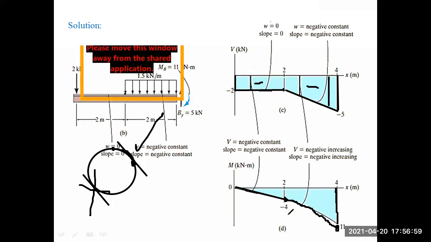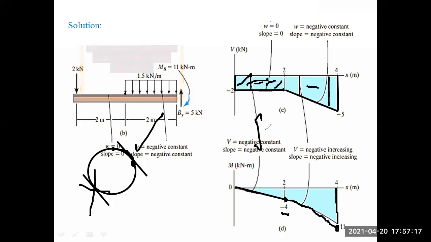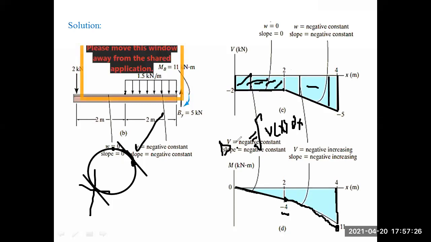The value at this point, we can easily find if you calculate the area of this shear force diagram up to this point. As we said, we take the integral, which is the area, just take the area of the Vx, the integral of Vx dx, is equal to delta M, not M, delta M. So do we know how much of M we have at the beginning?